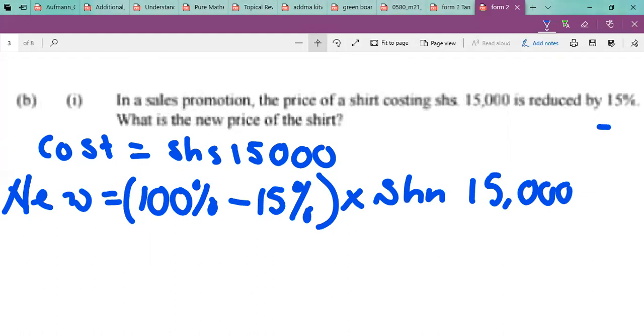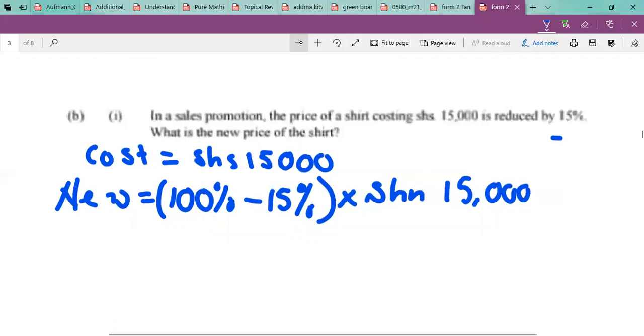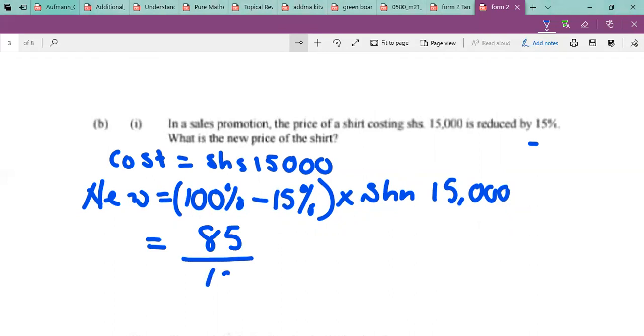So 100 minus 15 is 85%. 85% is the same as 85 divided by 100 times 15 shillings.